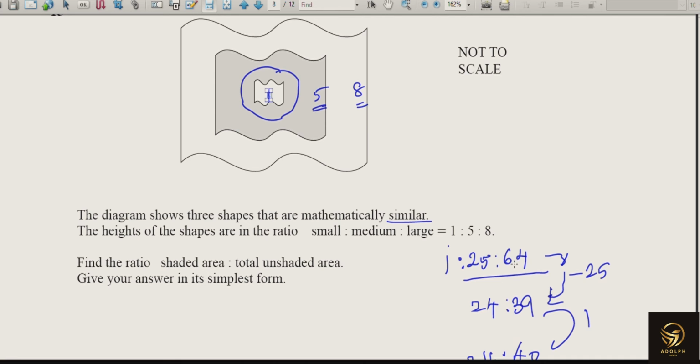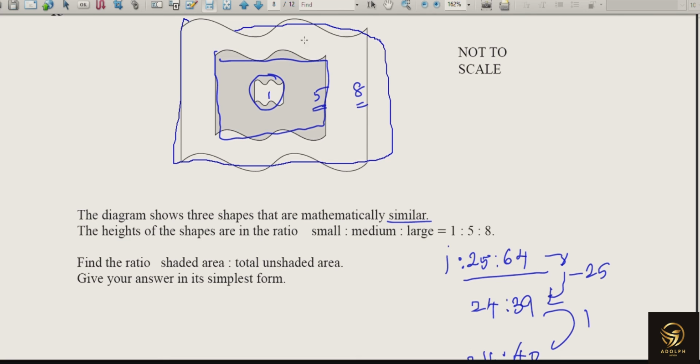I'm just repeating it once again. They gave the height ratio, which is 1 to 5 to 8. If I square it, I get the area of each shape, that is 1 to 25 to 64. Here the whole major shaded region is this one, which we take as 25, but it is not fully shaded. This 1 centimeter square I should remove, so 25 becomes 24. And in the 64, which is the whole shape, I should remove this one fully, which means 25.